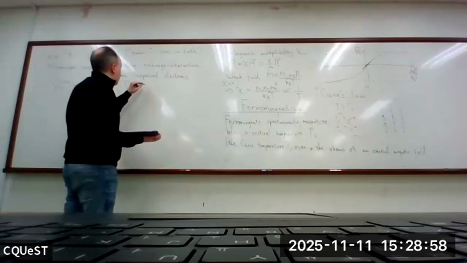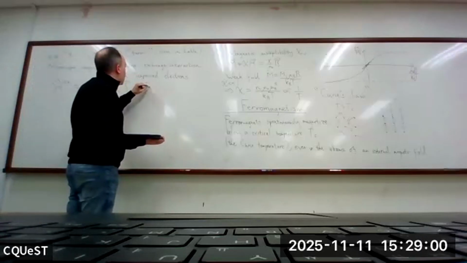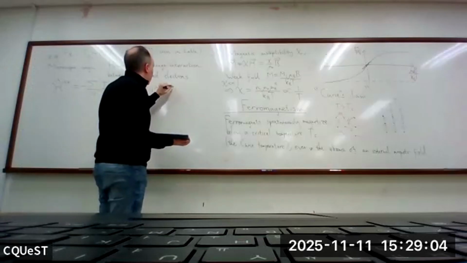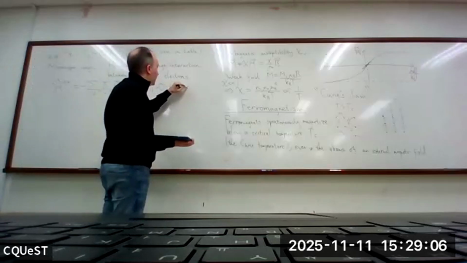And in ferromagnetism, Jij should be non-zero and positive for nearest neighbors.